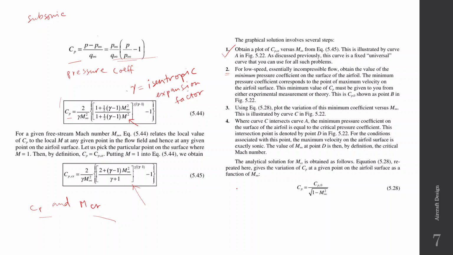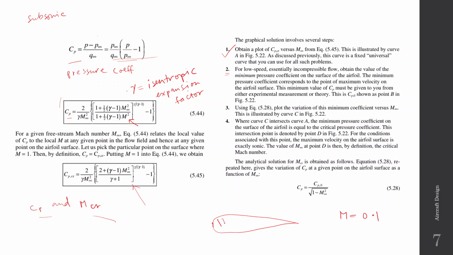So then you have to go to as low velocity as possible, because air is actually a compressible fluid. At as low velocity as possible, let us say at Mach 0.1, you have to find out this CP naught.